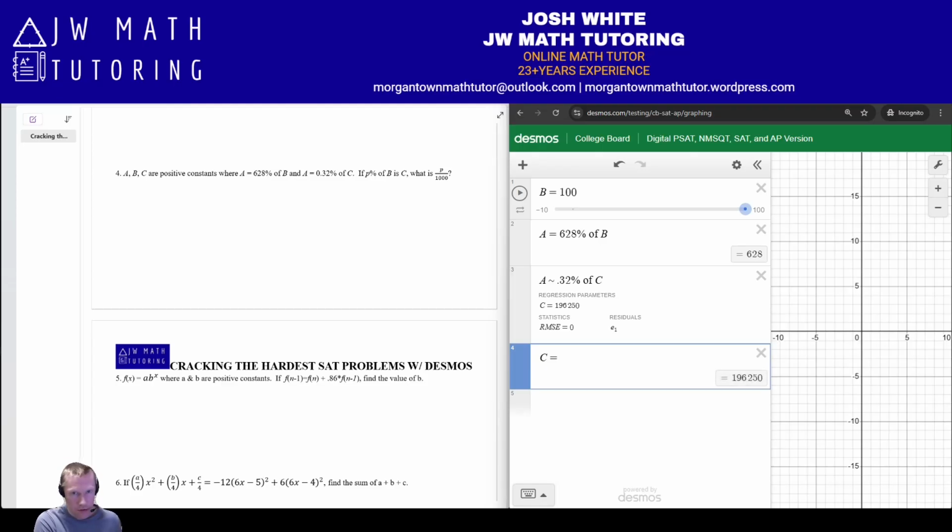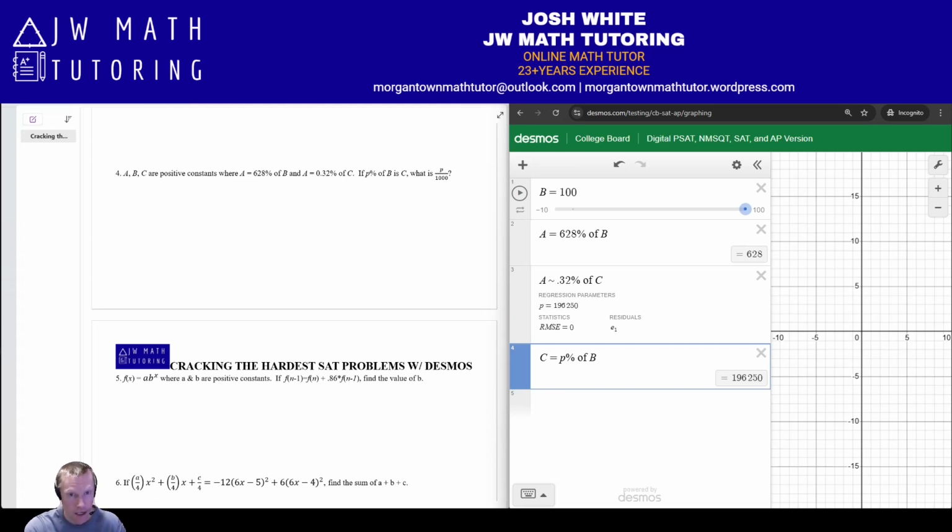C is just equals C. So I'm just going to do C equals P% of B. Because I chose B being 100, notice that P is actually the same value that I get for C in the regression. And in the regression, notice it actually changed up here to the value of P. That's fine. That doesn't matter.